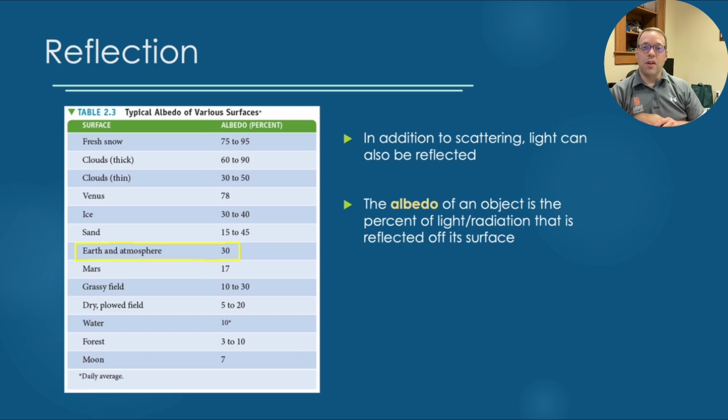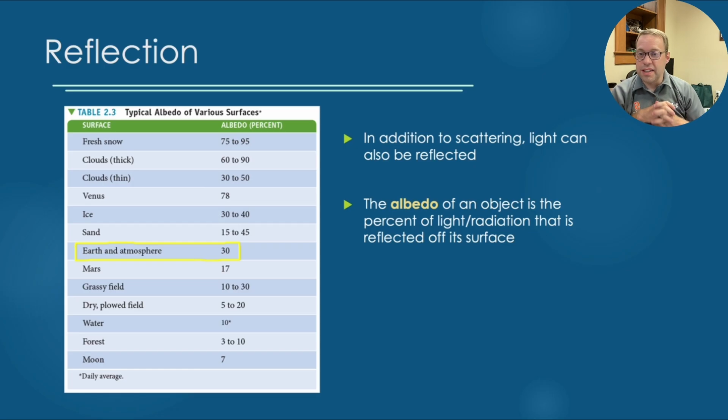This is why when you go out on a snowy day, it's just absolutely blinding, because there's so much light being reflected off the surface of the snow. In fact, it's very common to get sunburned right underneath the eyes in the middle of winter because of all that light reflecting off the snow and coming up and hitting you in the face because of the high albedo.